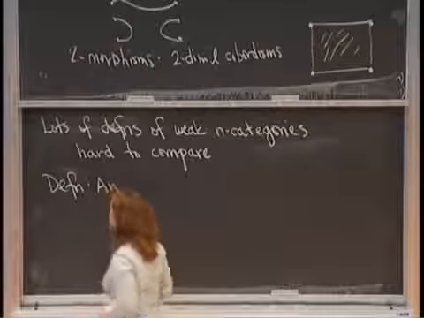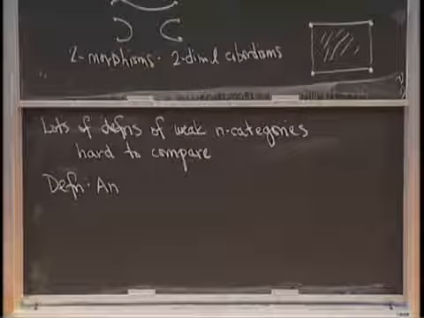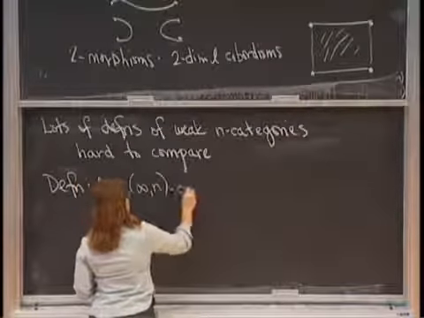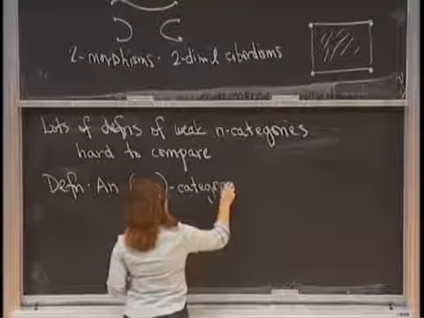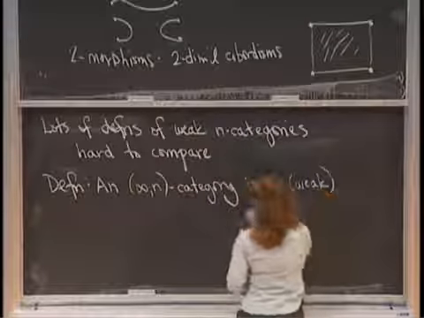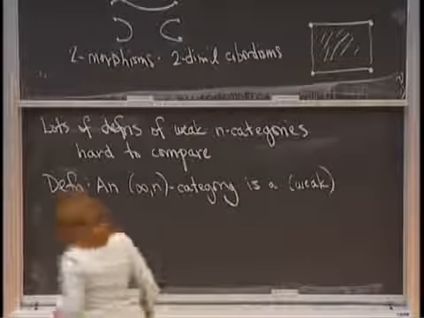So this is mostly a heuristic definition. But so an infinity n category is, I'm mostly going to omit the word weak here, although everything should be assumed to be weak.